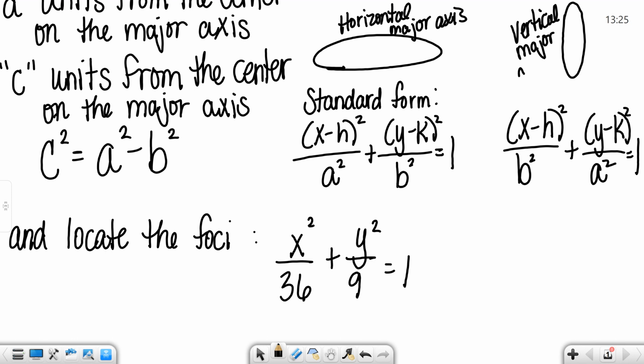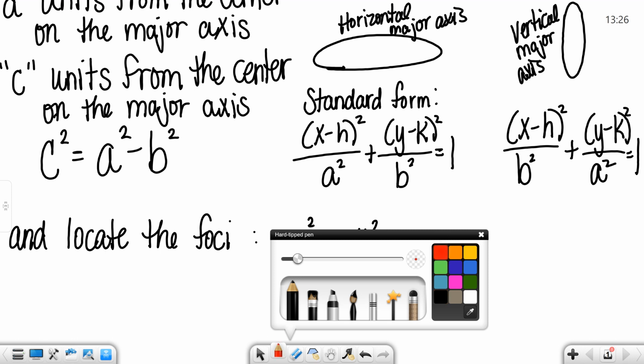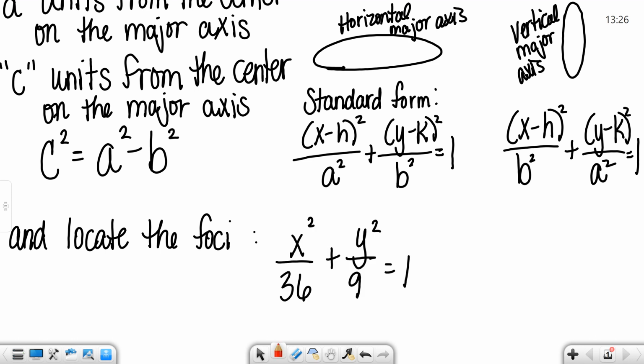Now here's how I keep that straight in my head. We will look right here. Notice that a squared is up under the x squared. Now a is on the major axis. That's why it matters where a is. A is on the major axis and it's up under the x value. X runs left and right, so the major axis is on the horizontal line.